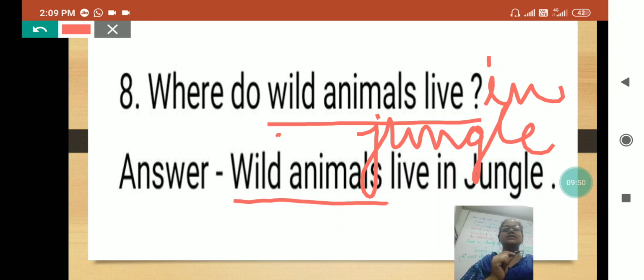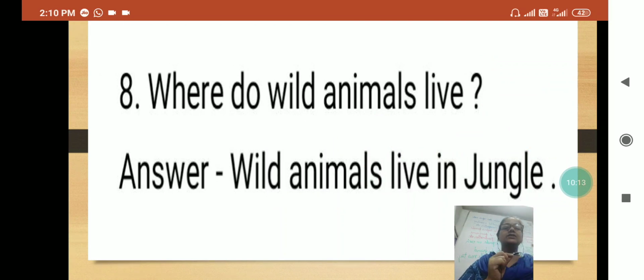It gives us many things, like medicines, wood. The most important thing is it purifies the air. That's why the jungle is very important for us, and we should not cut the trees. People should not cut the forest. They should try to save the forest.